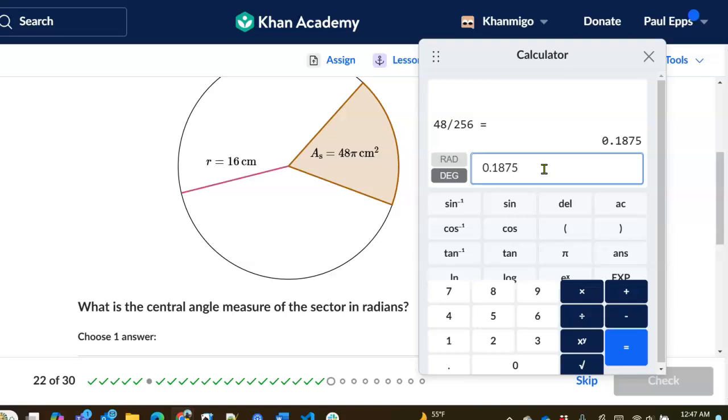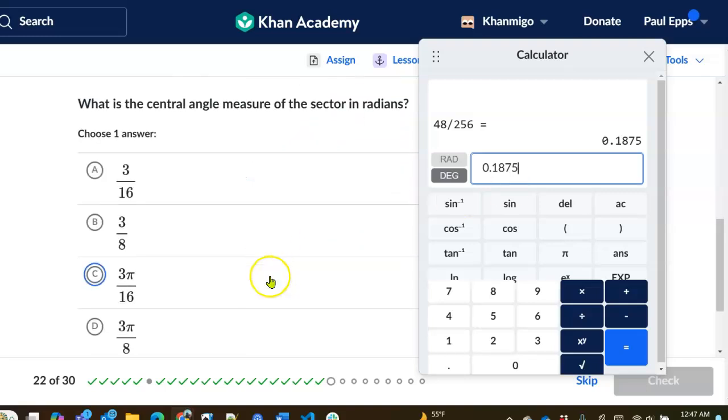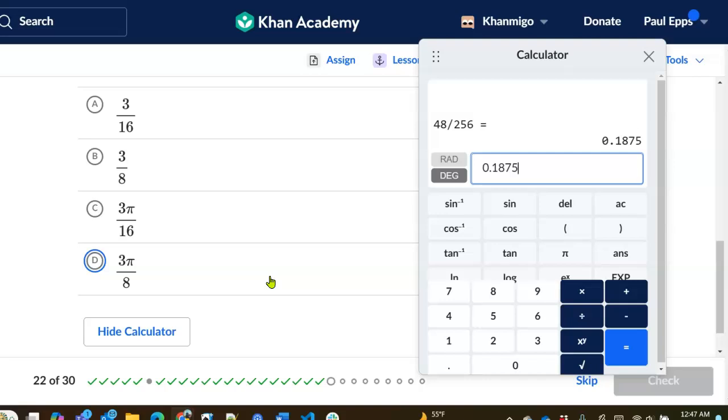And the whole circle is 2 pi radians. What are the possible answers here? Okay, I don't think this is what I want.